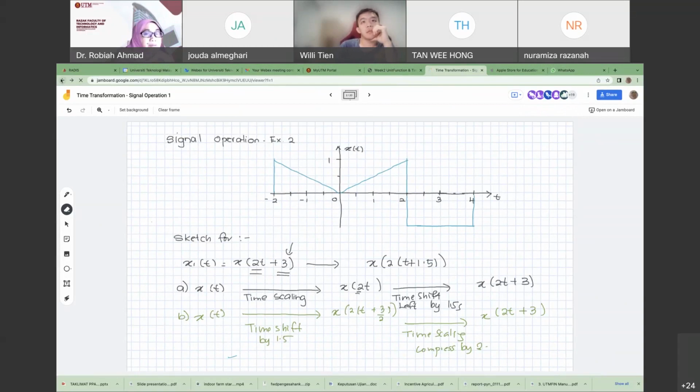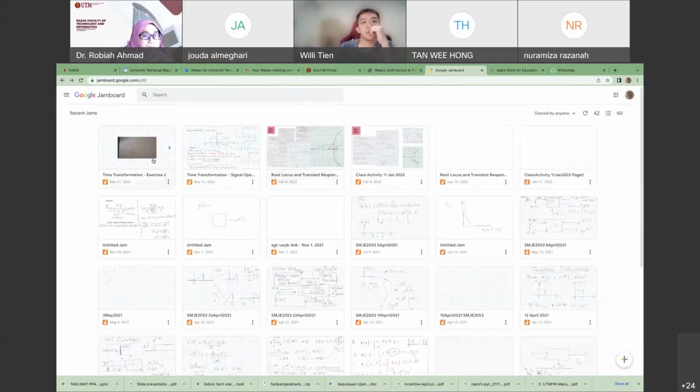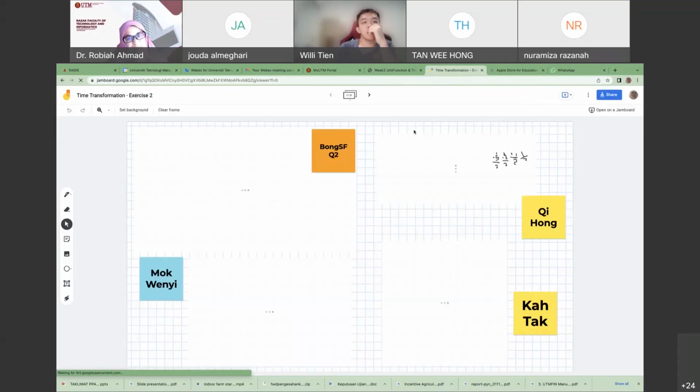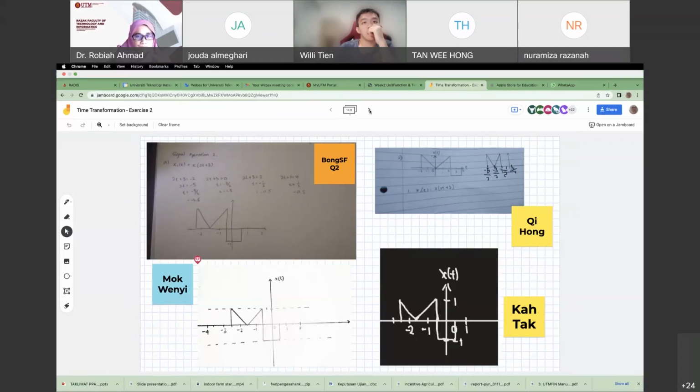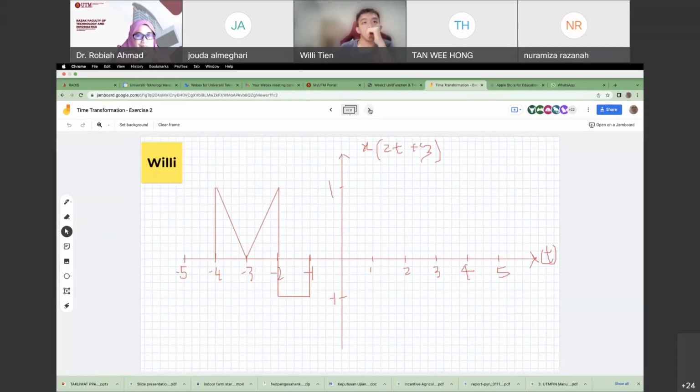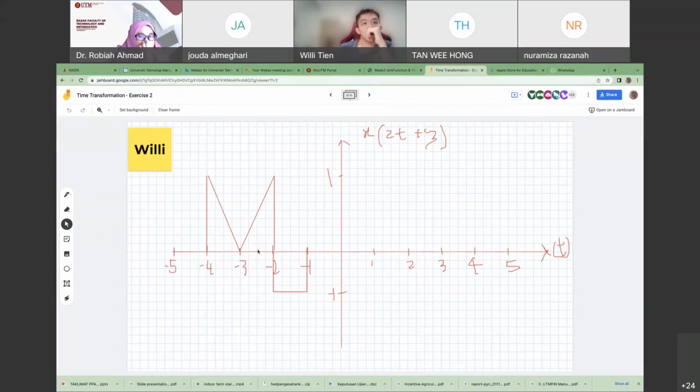Anyone? Okay, they share one box. What is this? Okay, Willy. Willy, here. Double check the x-axis, Willy.